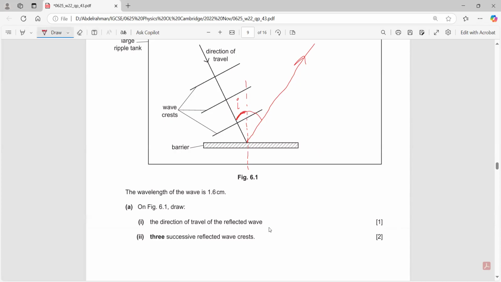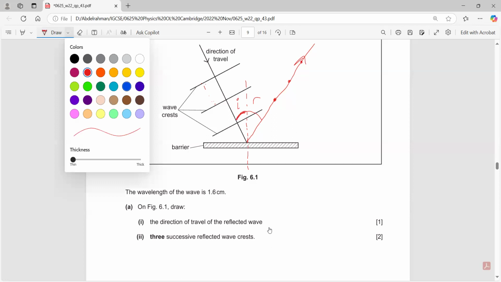Anyway, you have to draw the direction of the reflected ray, and then you need three successive waves at equal distances. You have to measure the distances. It says 1.6 centimeters, so make sure it is 1.6 centimeters. On the direction you have drawn, put three points which are 1.6 centimeters apart, and draw three waves perpendicular to the direction of this motion.